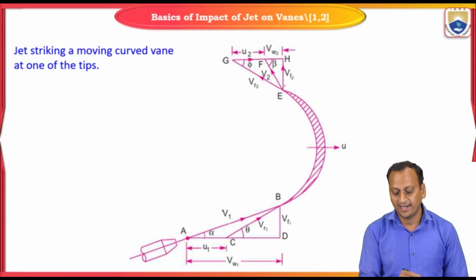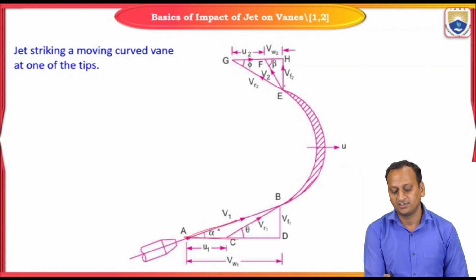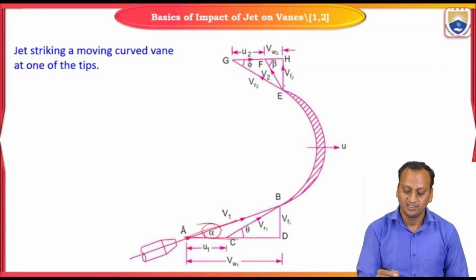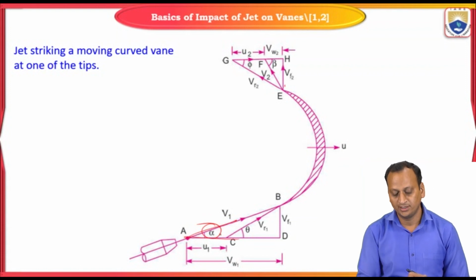Now the angle between the jet velocity and blade velocity is alpha. Sorry, the angle between V1 and U1 is alpha. Alpha is also known as the inlet jet angle.